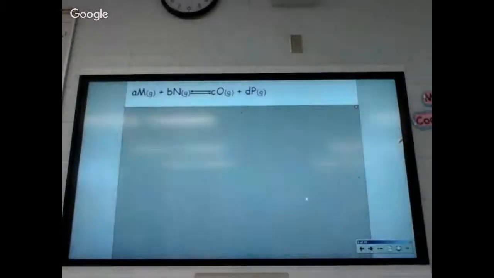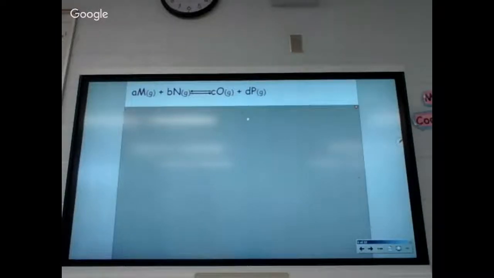All right. So let's say we have this fake equation: little a, big M, plus little b, big N, yields little c, big O, plus little d, big P. And they're all gases. Now, what do the little letters stand for? The uncapitalized letters, not the ones in parentheses.